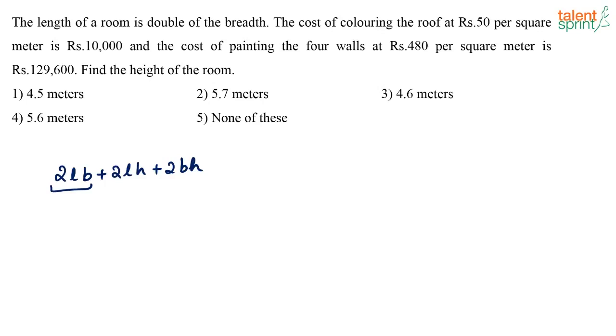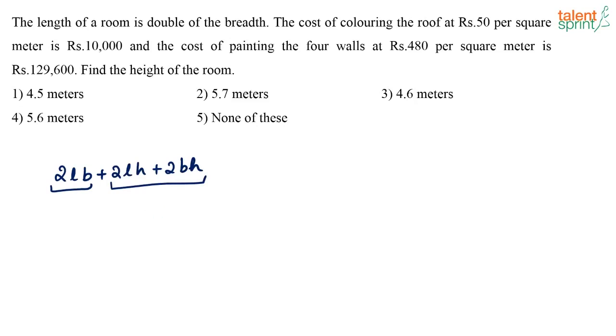Just think of it as your room, the room that you are in right now. So when you look at the floor and the roof, you take into consideration the length and the breadth. So this 2 into LB represents the area of the floor and the roof. Now the remaining part represents the area of the 4 walls. I hope this is clear to you.